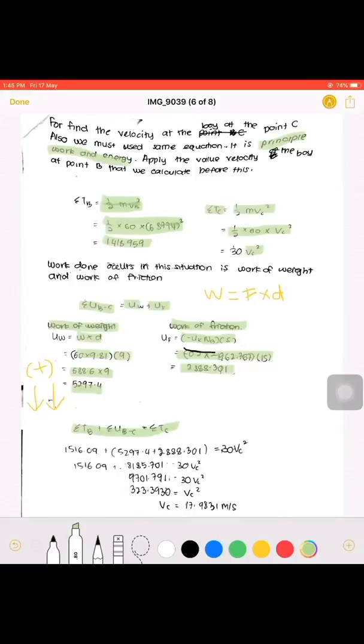Why do we get the work of friction as negative? Because the friction direction is here, and the particle, the boy, is moving here. It is a different direction, so it will be negative.